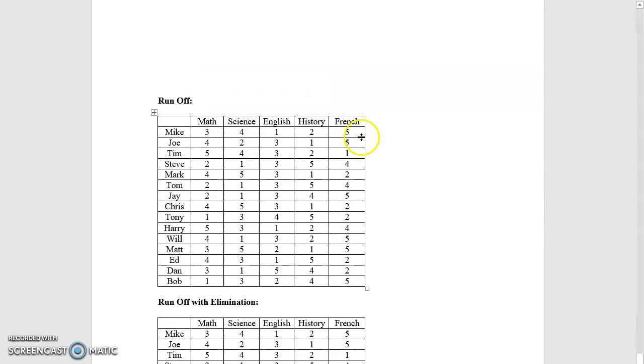Science and history have the most first place votes. So science is at 5, and history is at 4.